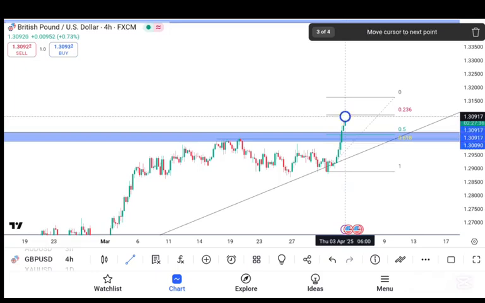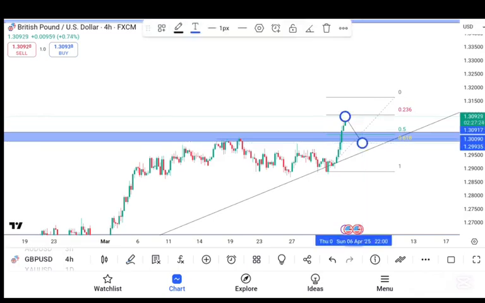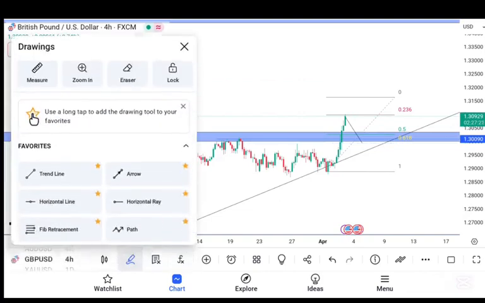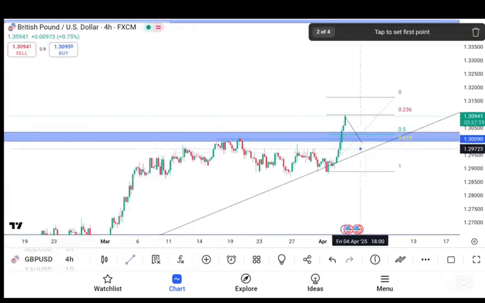So this is what we are expecting: price pulling into a significant region of Fibonacci retracement level, and then once you get a confirmation entry with your candlestick pattern, you can eventually buy too.